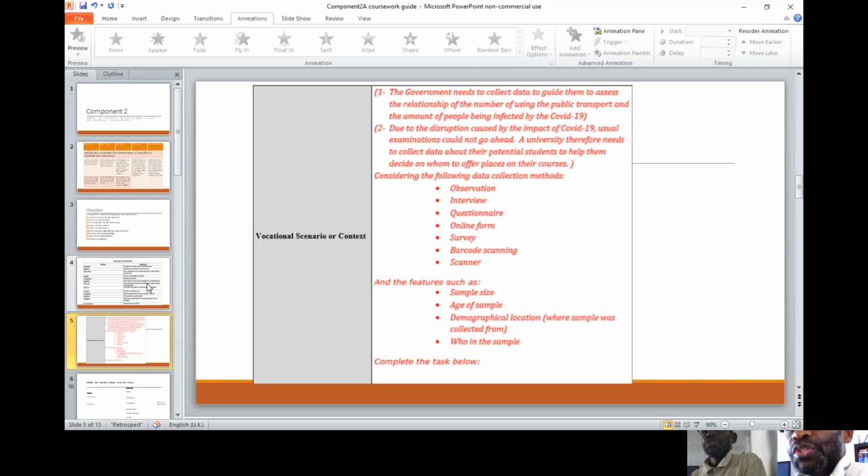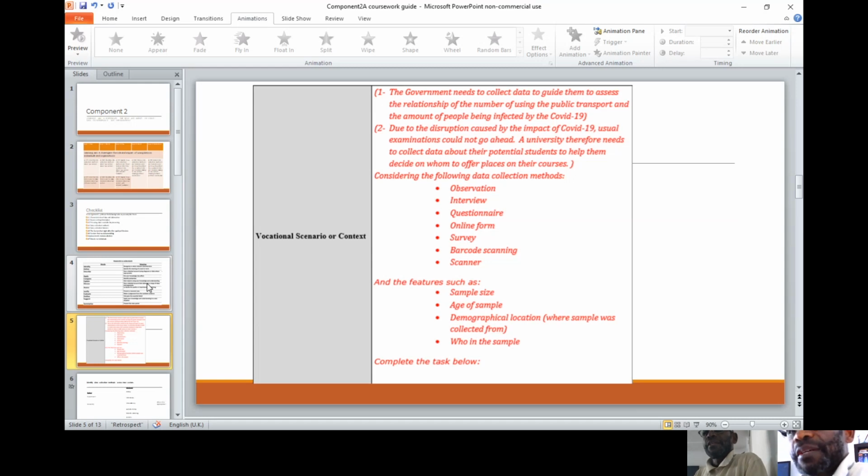Okay. So this is the scenario that you've been given for this assignment. The scenario is the government needs to collect data to assess the relationship of the number of people using public transport and the number of people being infected by COVID-19.